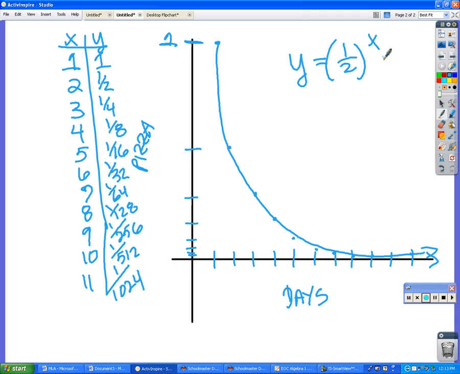What would it be if it was getting cut in fourth every time? Y equals 1/4 to the x. What would it be if it was doubling every time? Y equals 2 to the x. What would it be if it was quadrupling every time? Y equals 4 to the x. So since this is getting cut in half every time, it's y equals 1/2 to the x.